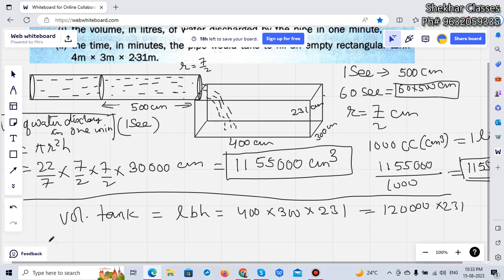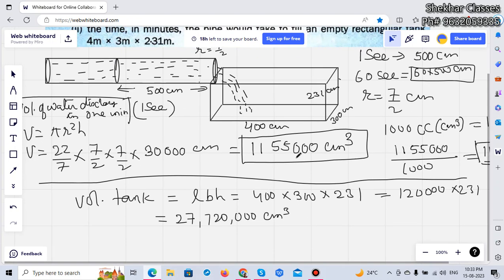So volume of the tank is 27,720 and 3 zeros. These many centimeter cube is the volume of the tank. Now in 1 minute, how much of water gets filled by this?